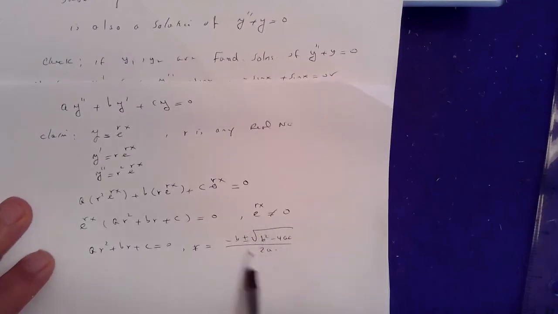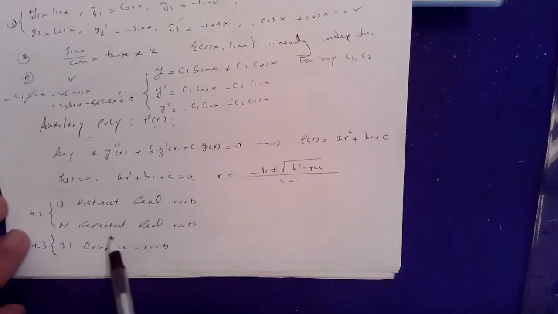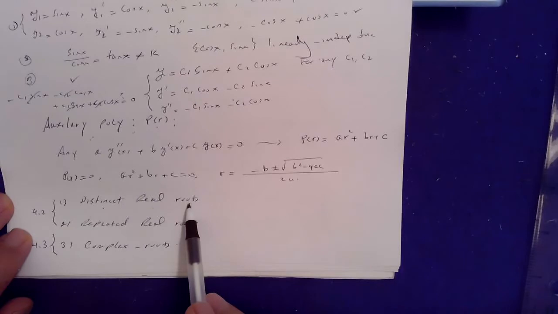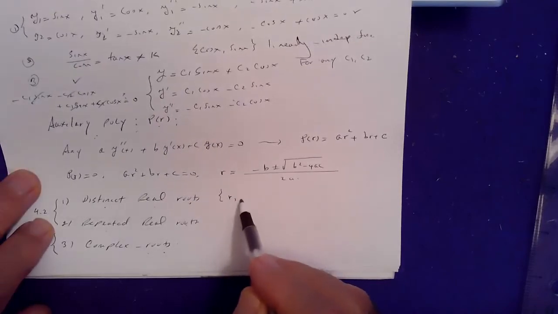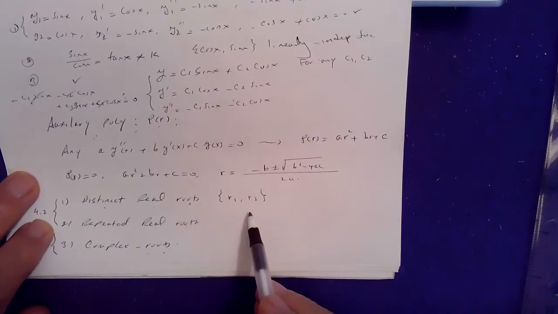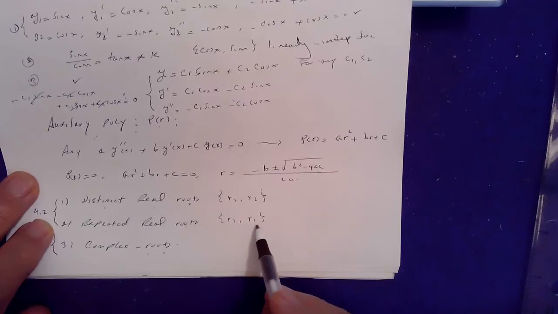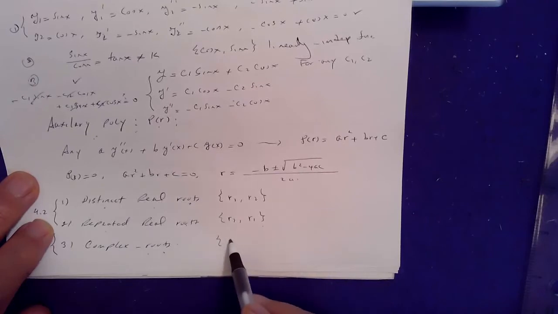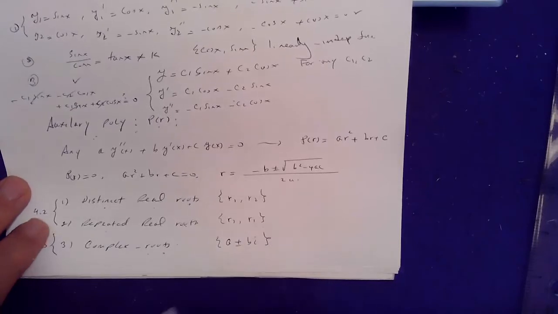When you solve this quadratic equation for r, there are three possible answers. Either you get two distinct real roots, or repeated roots, or complex roots. So either the roots will be r1, r2, which means distinct, or repeated, r1 twice, or complex, like r equals a plus or minus bi.